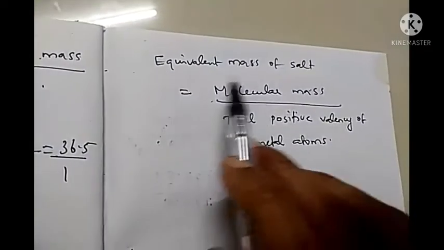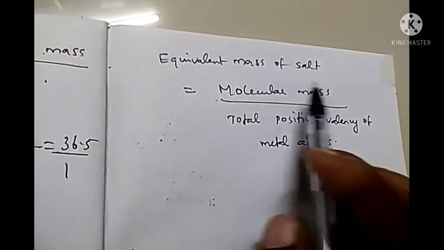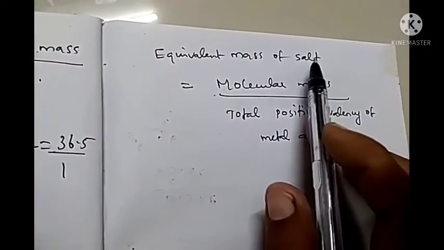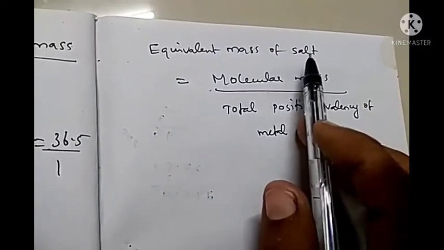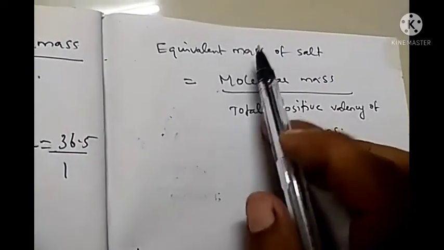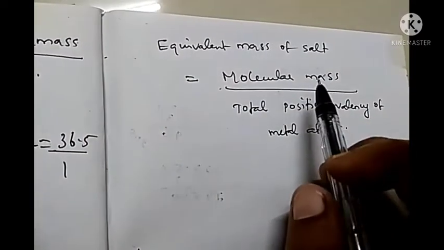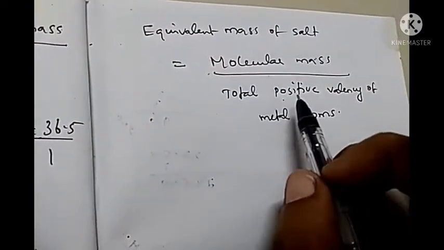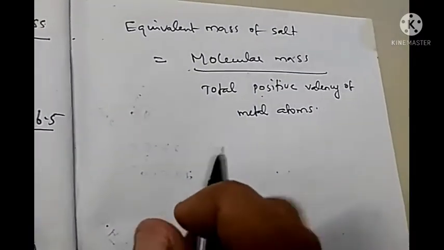Then in the case of a salt, if it is not acidic or basic, that is known as a salt, isn't it? Salts are produced from the combination between an acid and a base. So in the case of salt, the equivalent mass is equal to molecular mass divided by total positive valency of its metal atoms.